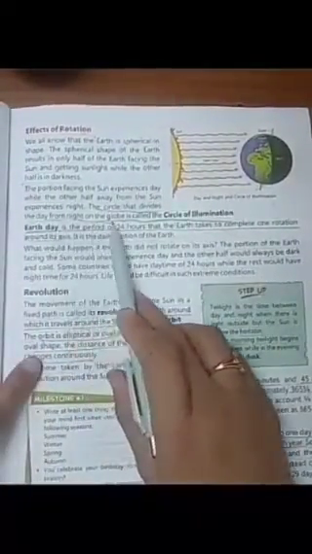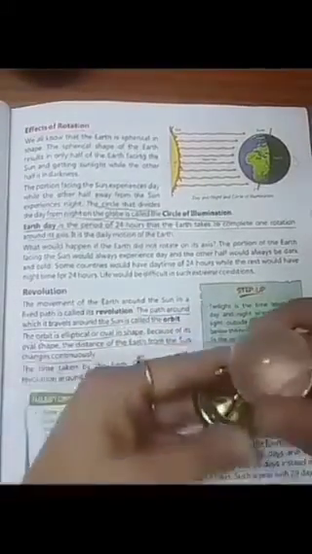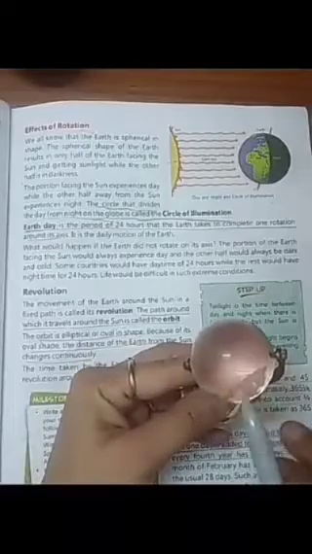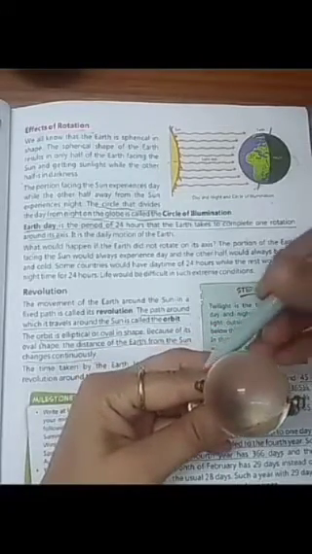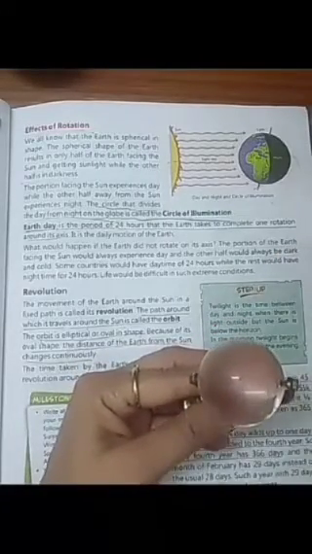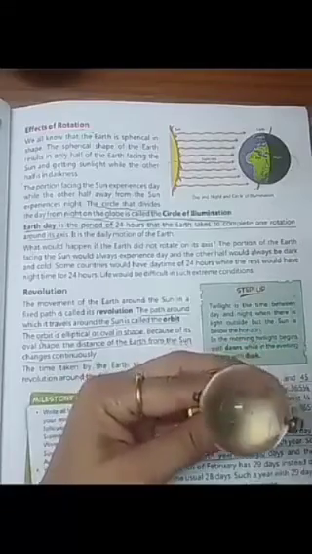Same thing is shown in your book here with the help of the diagram. Now, the circle that divides the day from night on the globe is called the circle of illumination. This circle from here to here, this one, is known as circle of illumination.